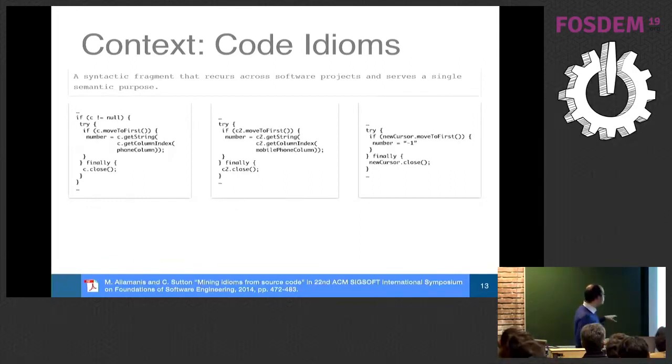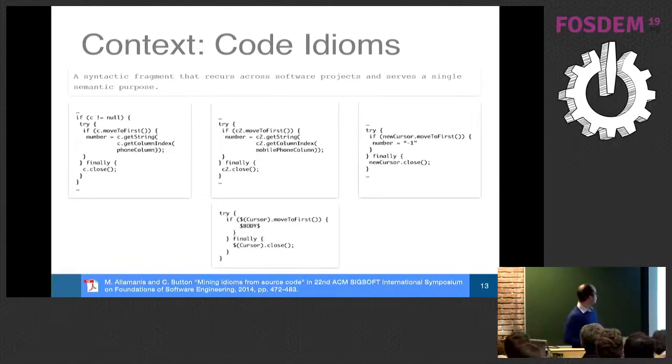In this case, we have 3 different pieces of code. And you see that in all these pieces of code, you have a try, then you have a condition, and in this condition you are invoking the method move to first. Then you have a body, which is doing something, and then finally you have the finally for the exception, and then you close this object.